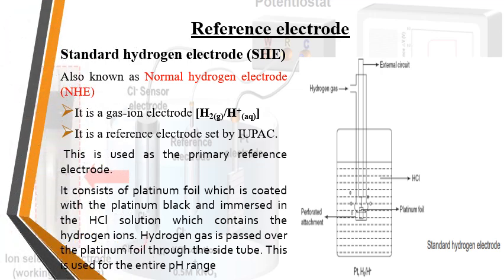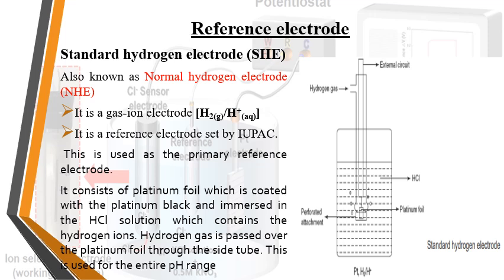The standard hydrogen electrode, also known as the normal hydrogen electrode. As you can see, this is how it looks in the diagram. It is the primary reference electrode.